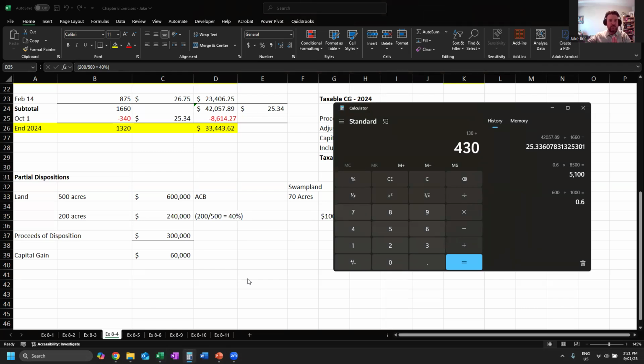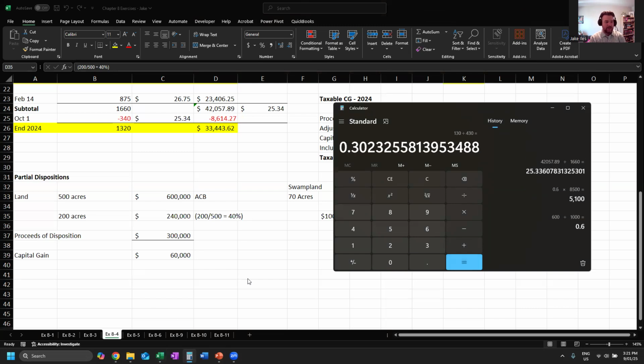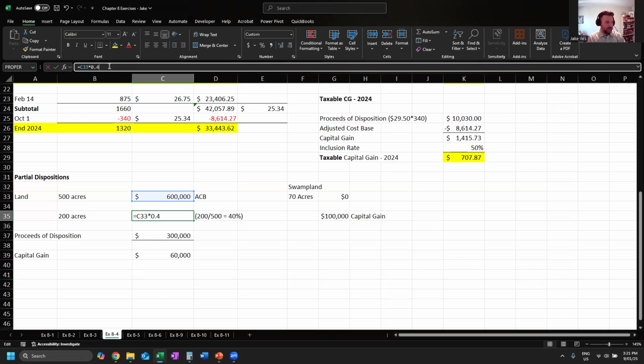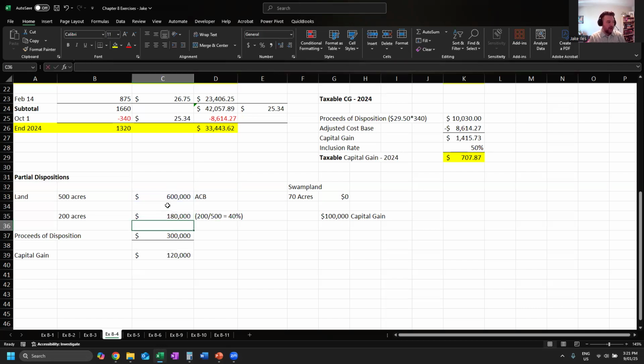The 70 acres of swampland's not really in our consideration. So now they actually purchased 30% of our cost, not the full 40%. And we could do that calculation too by figuring out, well, our new cost base is $180,000. So $300,000 minus $180,000, that capital gain is $120,000, not the $60,000.